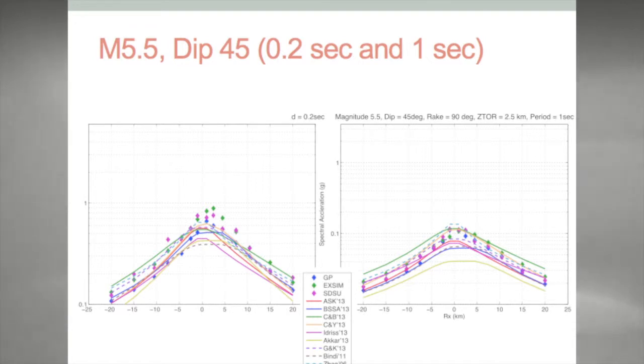I know that there's a lot to look at, but to get an idea, when you're on the footwall here, we're matching up pretty well with Graves and Petrarca. These two dots that are here are XM and SDSU. Campbell and Bozorgnia is a little bit higher, and then you have Atkinson, which is lower.